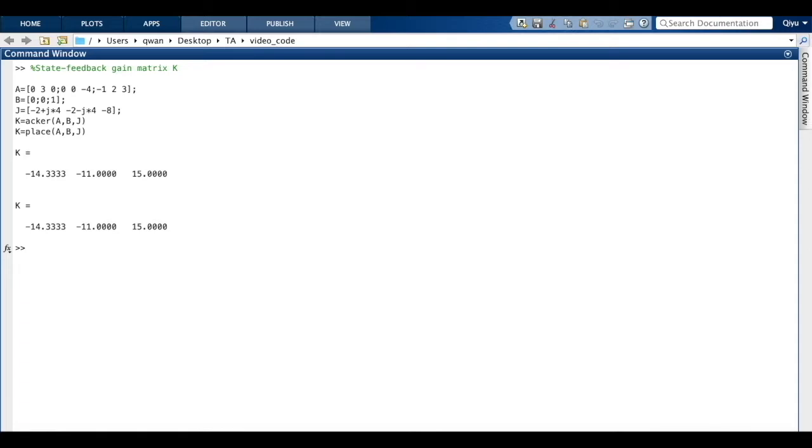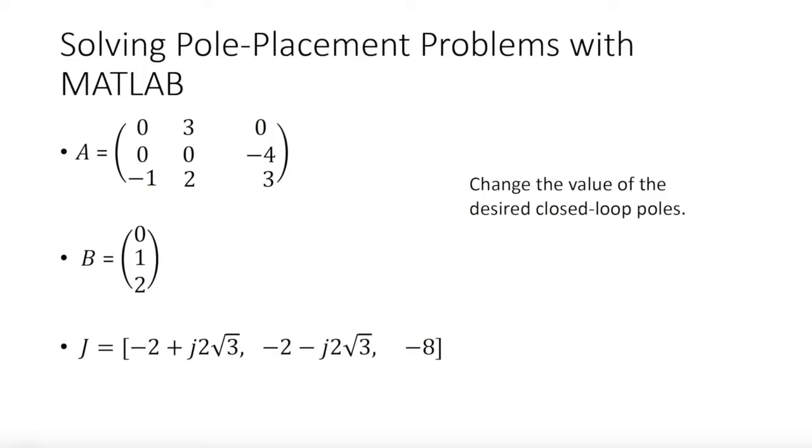You can see that A, B, and J are defined by using this function acker, which will place all the poles at a predefined value. Actually, there is another function, place, that can be used in the same fashion.